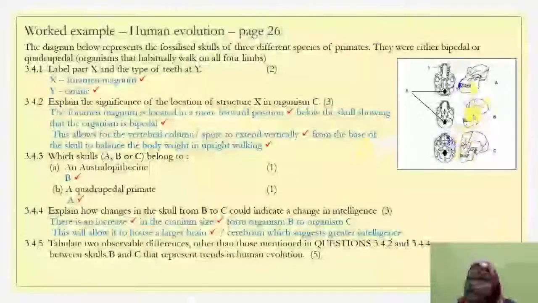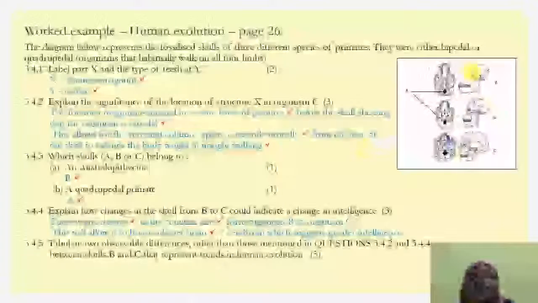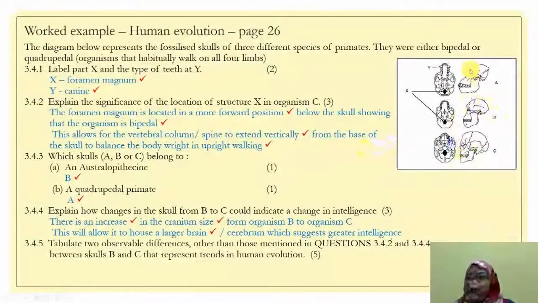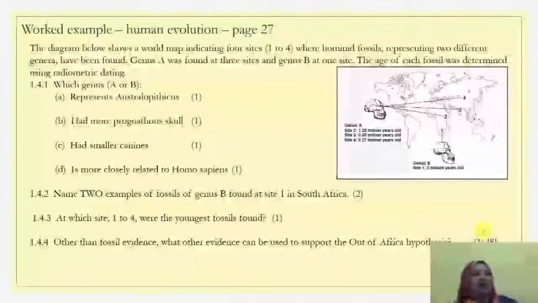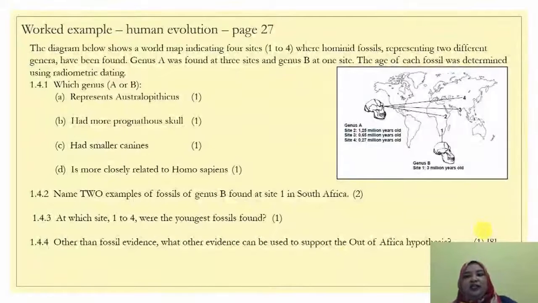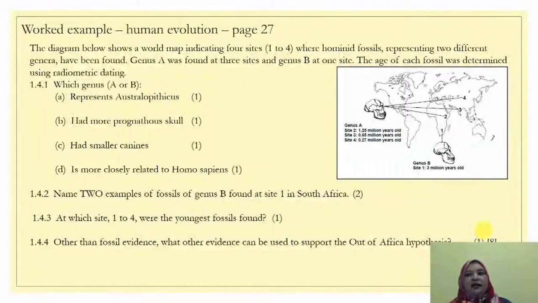Flat face and sloping face, right? Well-developed eyebrow ridges, good. So we can see there is an eyebrow ridge. Thank you very much. I'm glad to see that a lot of you are actually looking and listening and noticing that observable means that I must be able to point it out on my diagram.